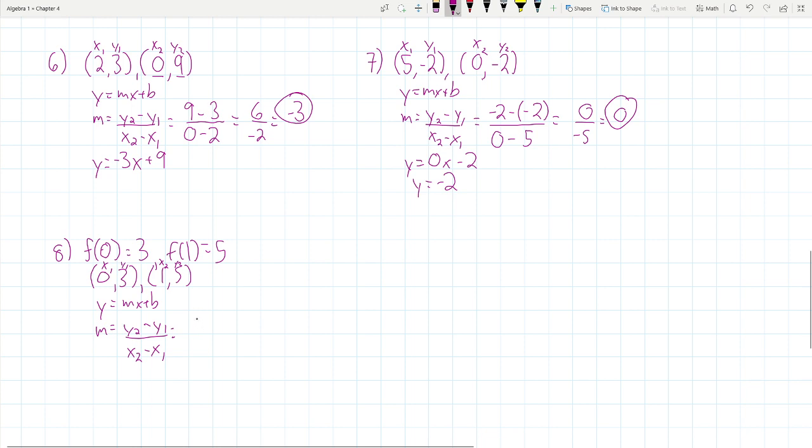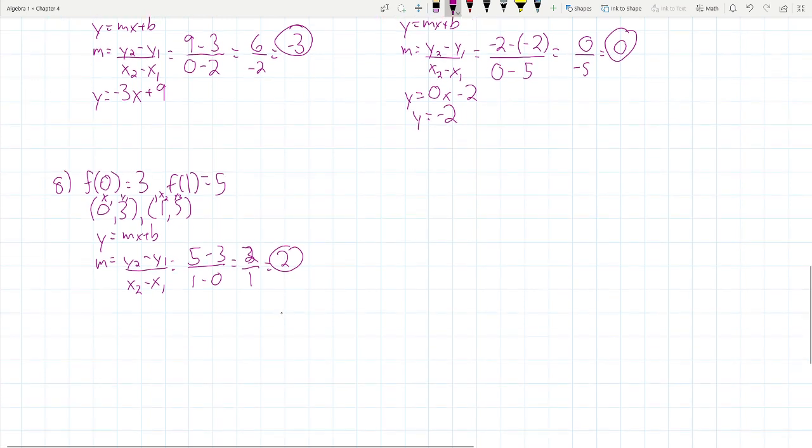So my y2 is 5 minus my y1, which is 3, divided by my x2, which is 1, minus x1, which is 0. 5 minus 3 is 2. 1 minus 0 is 1. So this winds up being 2. So that's my m. Still not done yet.